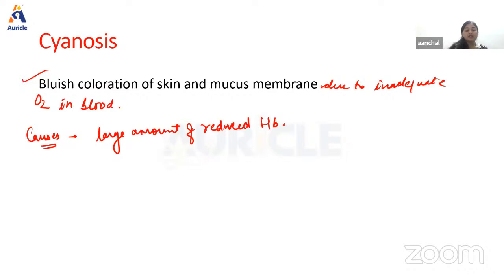Whenever this condition occurs, cyanosis is distributed all over the body, and it is more marked in regions where the skin is very thin, like lips, earlobes, nose, fingertips. So these are the areas where this condition will be marked very easily.